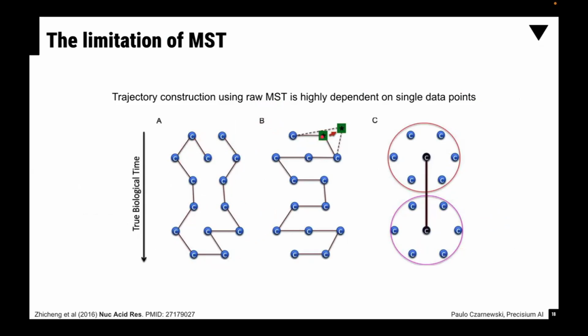But just by simply shifting one cell to the side, this tree can be completely changed, so that the minimum graph that connects all these points is now this one. So you see that these graphs are completely different just by a simple shift in one cell. And that's where Monocle 2 and other graph-based methods for trajectory inference are actually based.